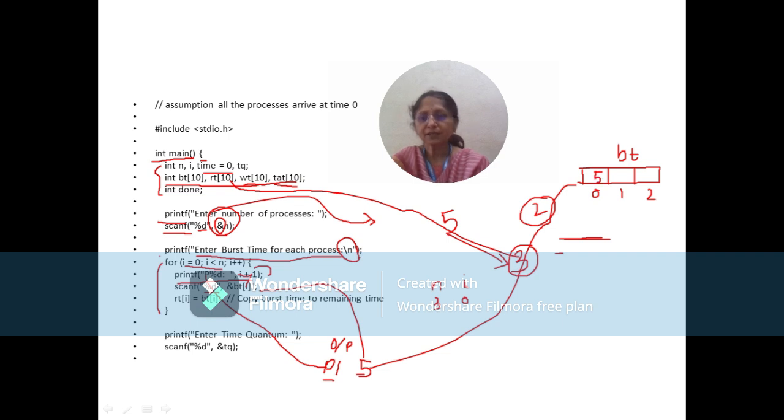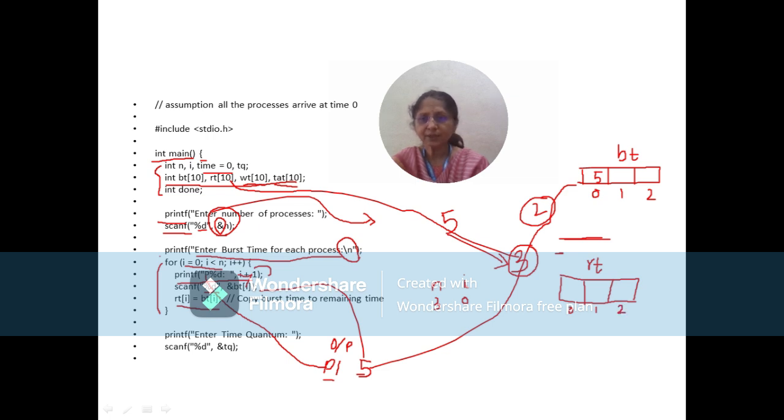Okay, after that it comes down. Here is our remaining time array. For the first time, the process has not yet got a chance to get inside the CPU. That means whatever is the burst time of the process, that itself is the remaining time. So let me draw this array RT here. And since the number of processes is 3, we are going to have only 3 subscripts, 0, 1 and 2.